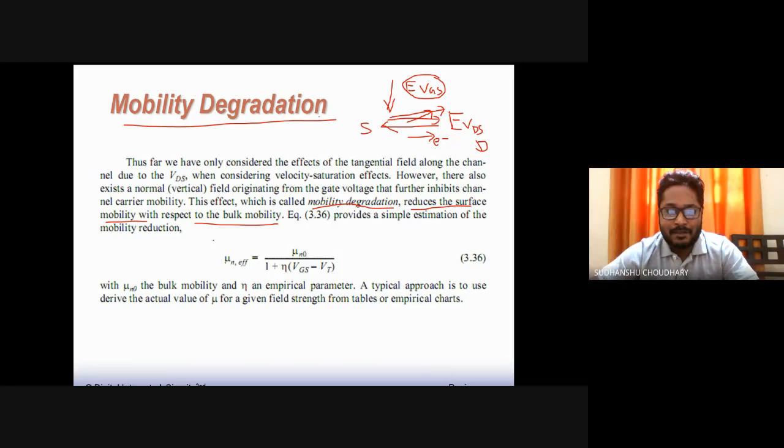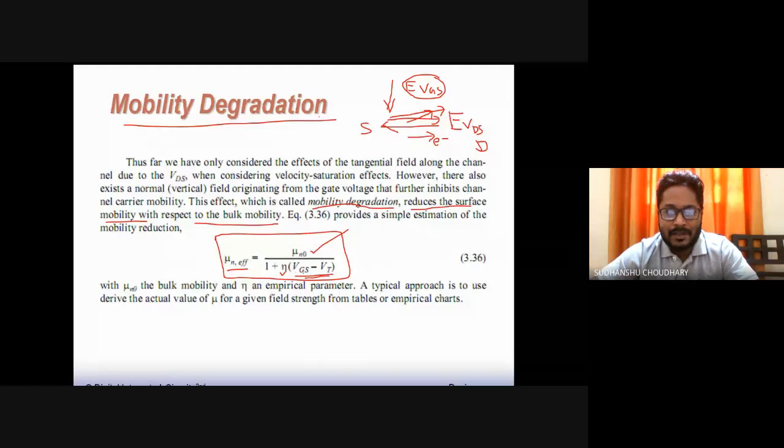This is modeled by this equation, where mu n0 is the bulk mobility, the mobility of the bulk atoms in the silicon, divided by 1 plus theta times VGS minus VT. Theta is a constant or empirical parameter. That is, this effective mobility depends upon the applied bias across the gate.